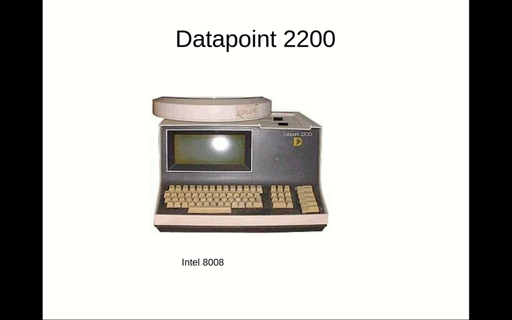For our present concept, this looks like a computer on its own. We see a monitor, a keyboard, et cetera. However, this was a computer terminal, so this machine was supposed to be connected to a mainframe computer like this PDP-11, and this had an Intel 8008 microprocessor built in.